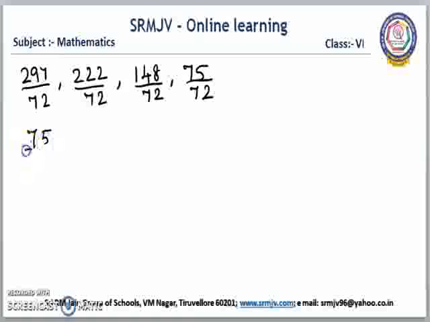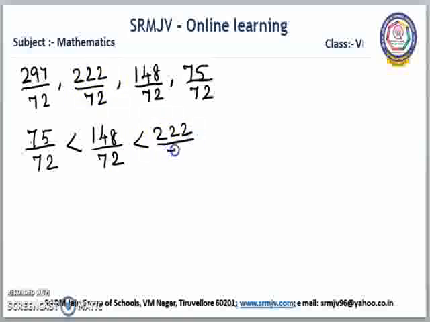So 75 by 72 is less than 148 by 72, which is less than 222 by 72, which is less than 297 by 72.